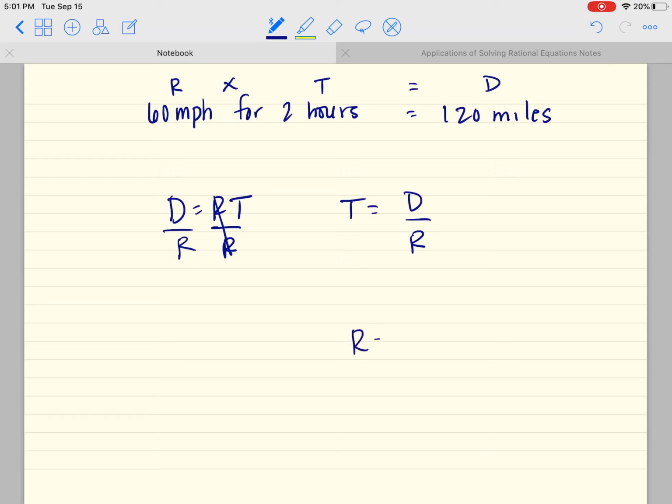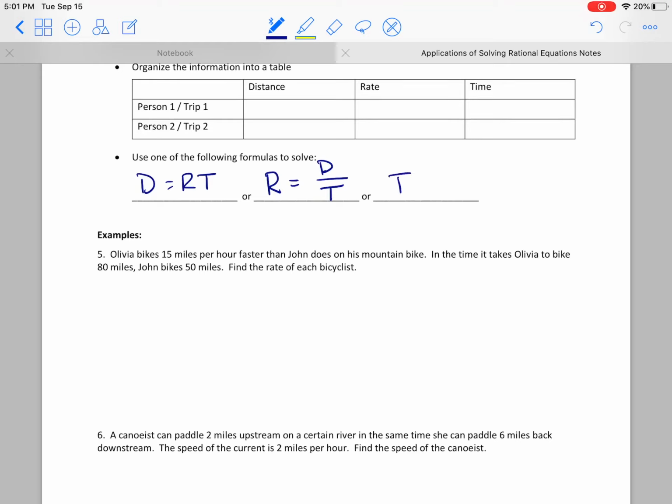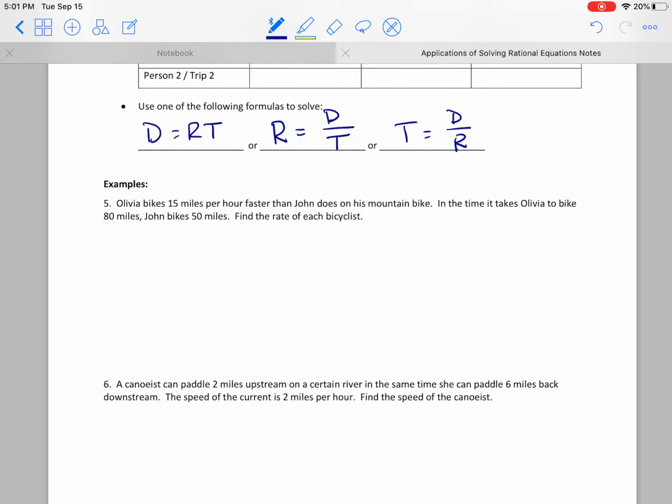Or if I wanted it solved for r, I would have to divide by t. So rate would be distance divided by time. So we could use d equals rt, or r equals d divided by t, or t equals d divided by r, depending on the situation, and I'll try to help you determine which formula we're going to apply.